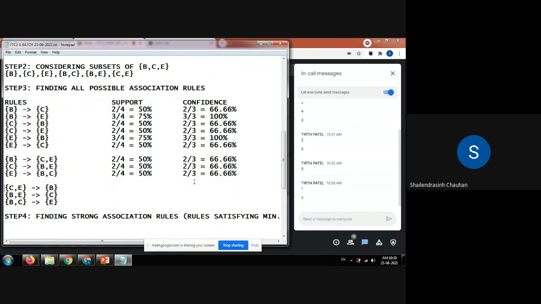Now it will be a little bit different. Total we are having 4 transactions. Out of 4, we are having 2 transactions where all items are there. That is BCE. All items means all these items, CEB, BCE, in short. And confidence.